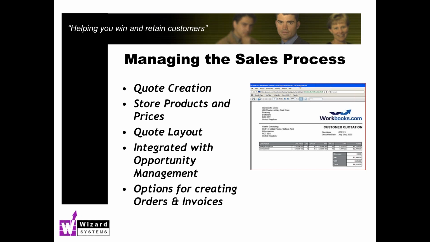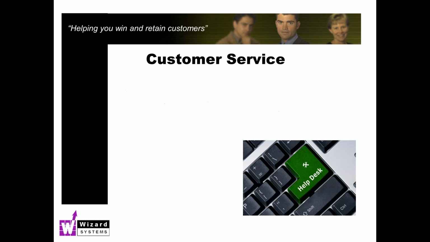And in fact, if you're using Sage 50, there's an option, this does cost a bit extra, to take the order in Workbooks and transfer it to an order in Sage, again without the need for rekeying any information. Quick mention about customer service. If this is of no interest to you, you can disable this from your Workbooks system so it's not interfering with you.